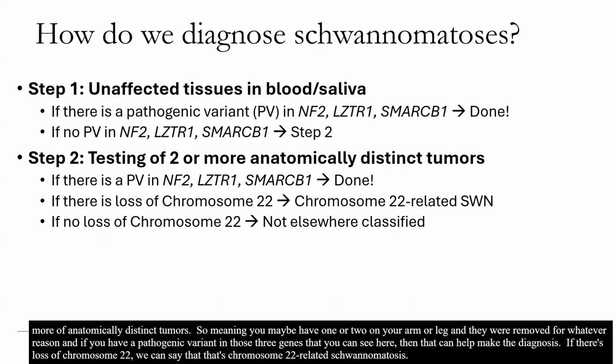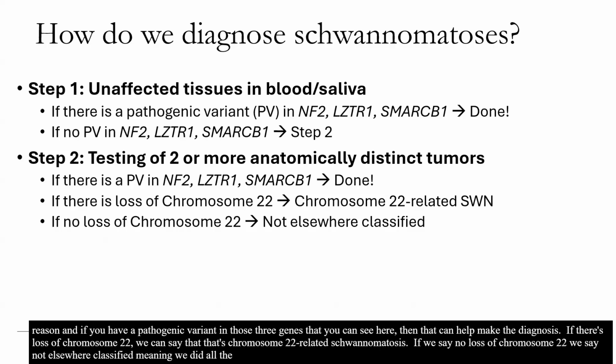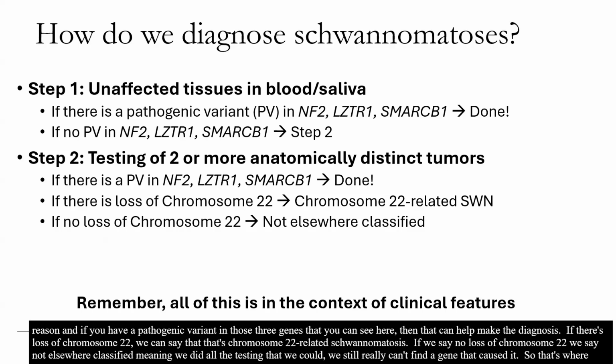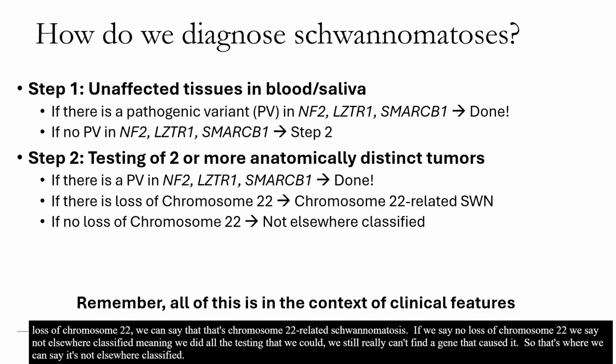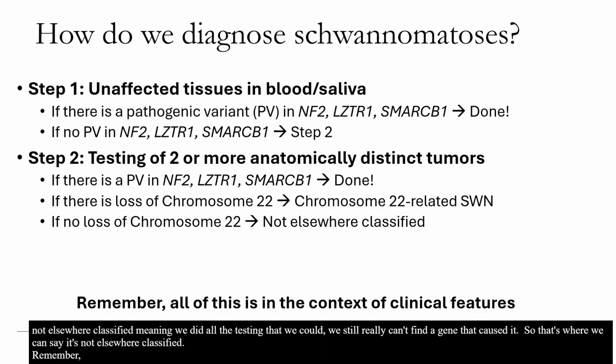If no loss of chromosome 22, we say not elsewhere classified, meaning we did all the testing that we could, we still can't find the gene that caused it, and so that's where we say it's not elsewhere classified. Remember, all of this is in the context of your clinical features, so the tumors that you have, where they're located, et cetera.